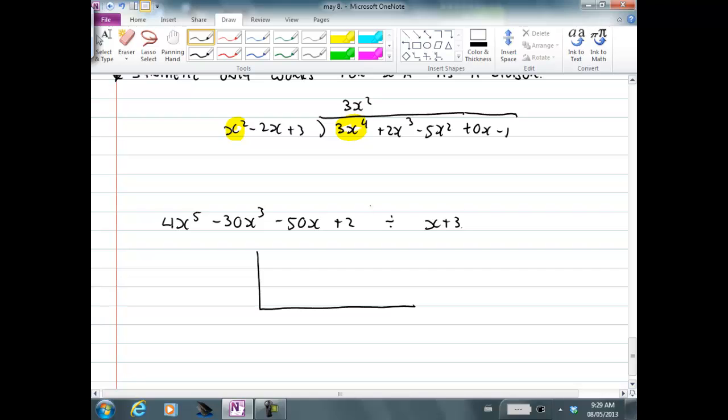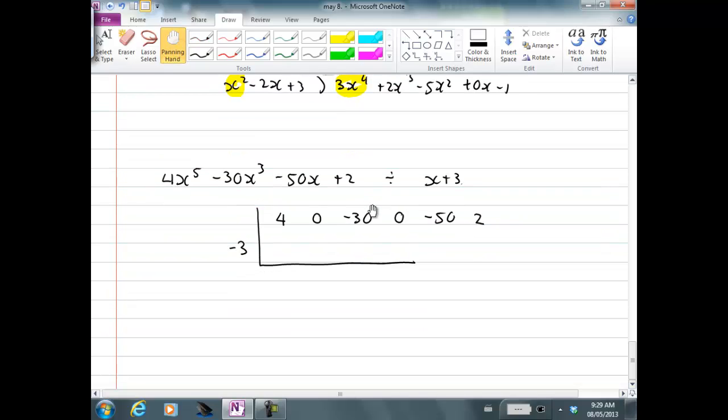Verma, what are your numbers? Let's hear it. 4, 0, negative 30, 0, negative 50, 2. And what number goes on the outside? Negative 3. Because we're running out of time, guys, I would love to give you more time and walk you through this, but I'm going to give you the answer to save time.